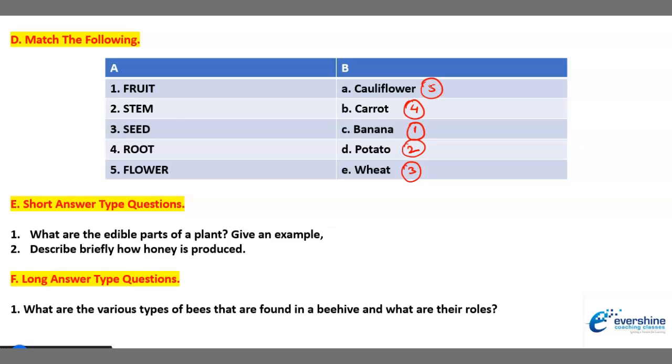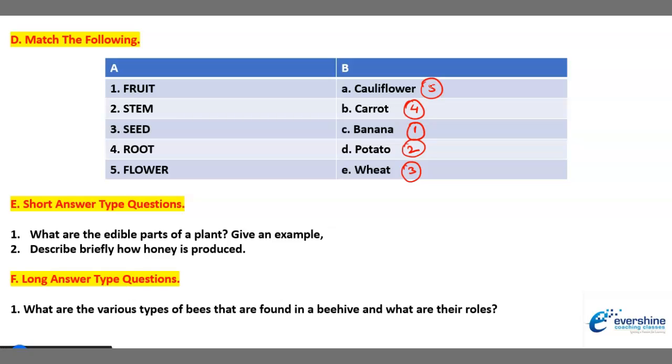Honey is produced by honeybees. Take down the first point. Honey is produced by honeybees. Full stop. Next, they collect nectar from flowers and convert it into honey.